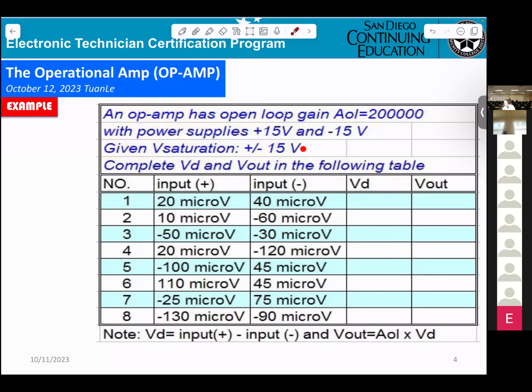It should be less by 1.4 volt, but we don't want to do more calculation, so we can use a saturation voltage almost the same as the power supply. Complete VD and VO in the following table. Calculate and tell me what the first VD is here.